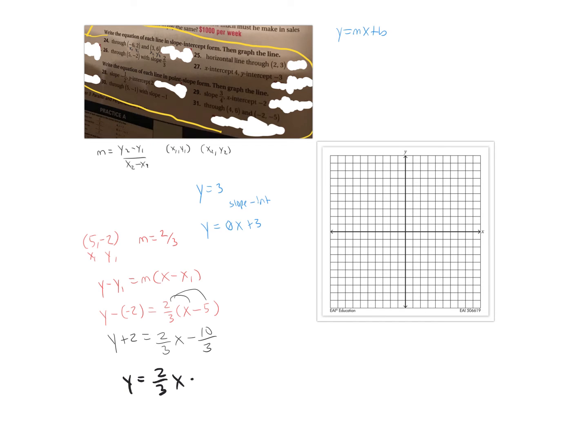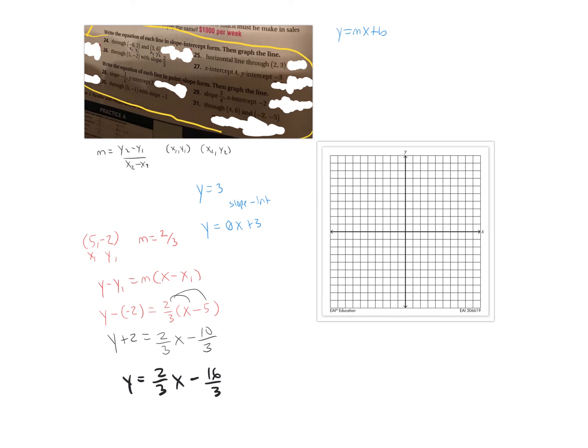Now, subtracting 2 is the same as subtracting 6 over 3. So it's minus 10 over 3 minus 6 over 3, which is going to be negative 16 over 3. So that is the equation written in slope intercept form.